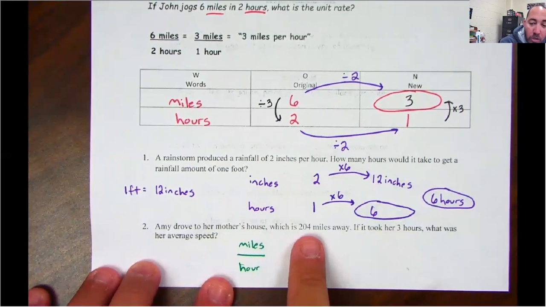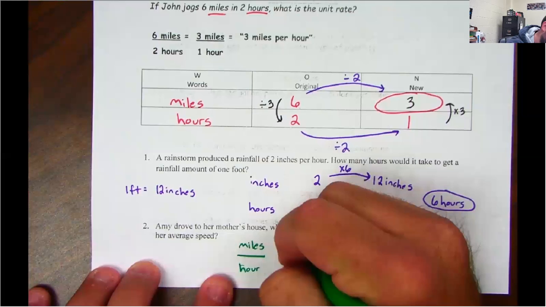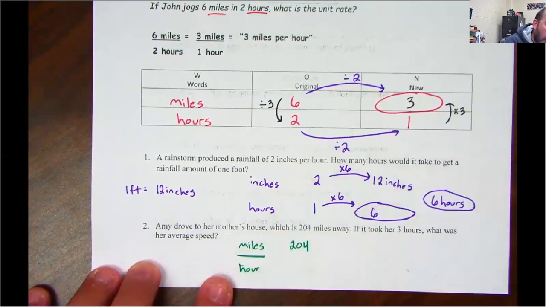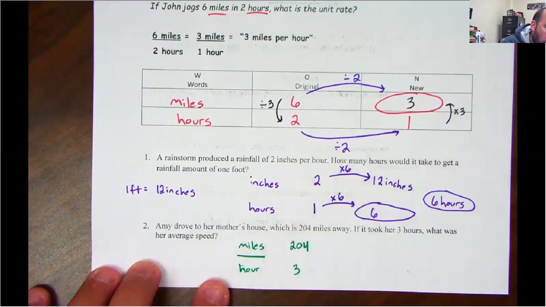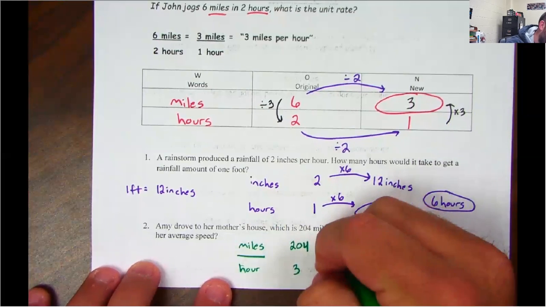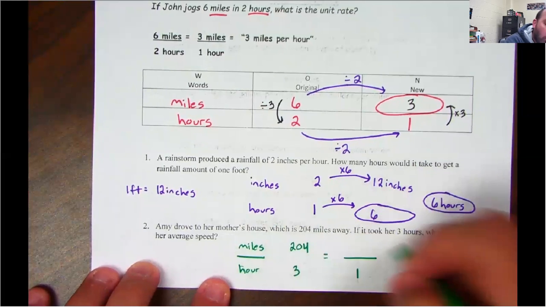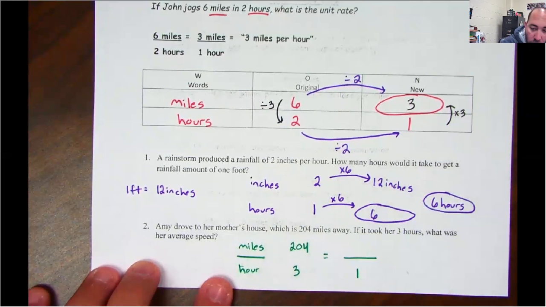Well, guys, it says she went 204 miles in 3 hours. So we need to figure out how fast she was or how far she went in 1 hour.